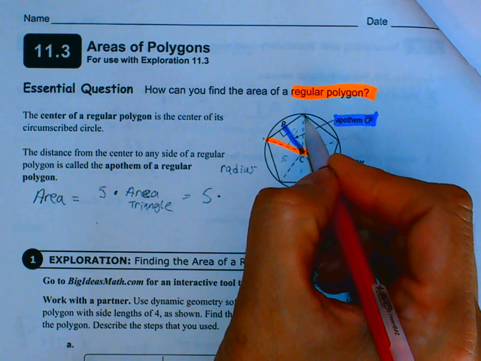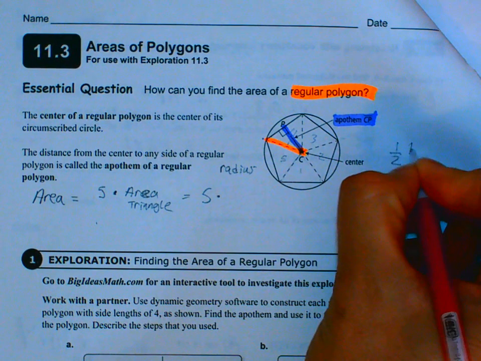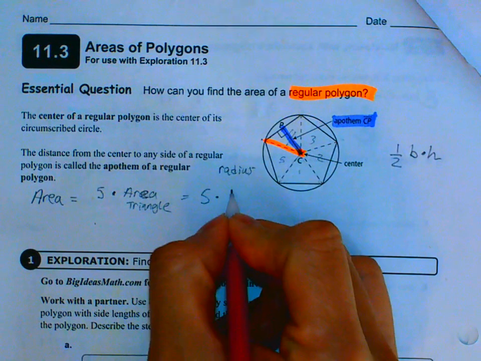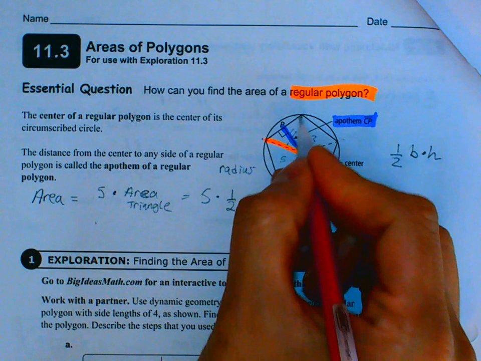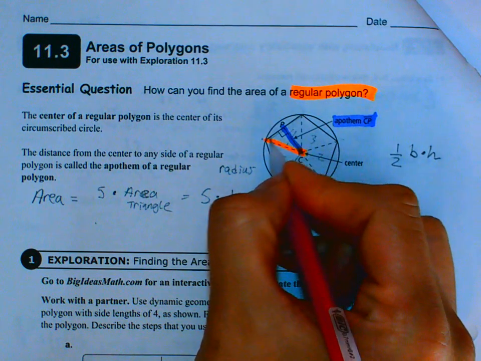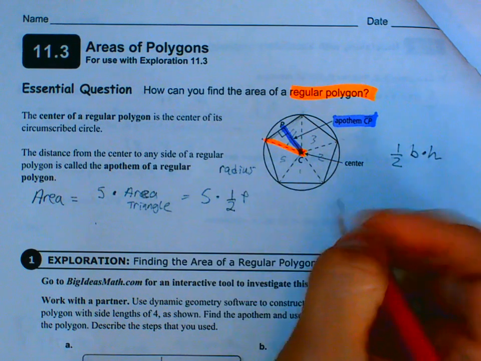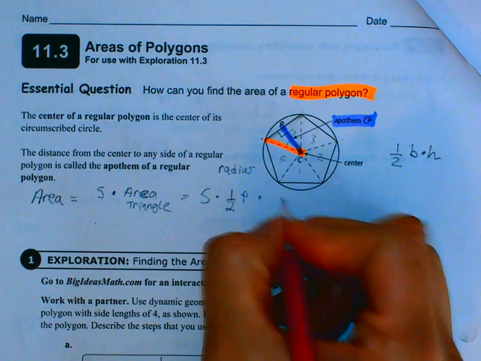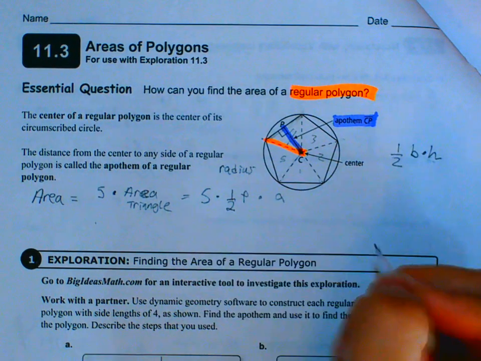The area of a triangle is 1/2 the base times the height. In this case, we're going to let lowercase p be the distance from here to here, and the height in this case is the apothem. So we're going to change the h to an a.